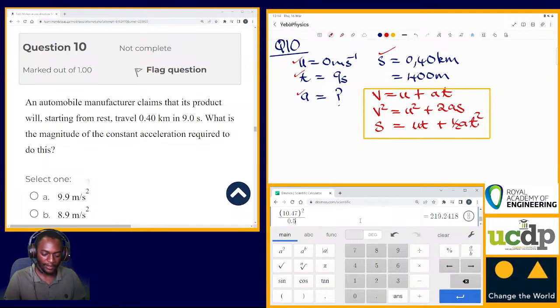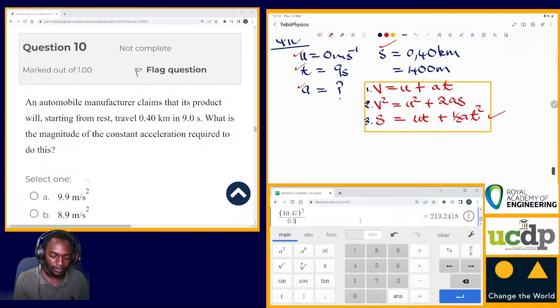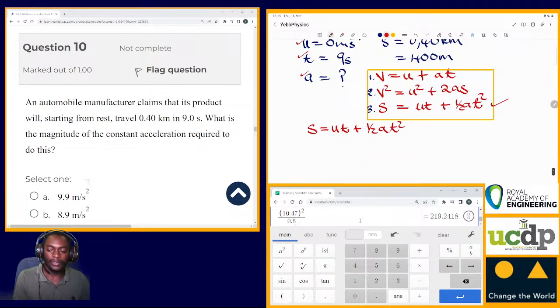No, we don't have v, which means equation 1 and equation 2 might not be suitable because we don't have the final velocity. So let's use equation 3, that is s is equal to ut plus half at squared. That is the equation suitable for us in this case.